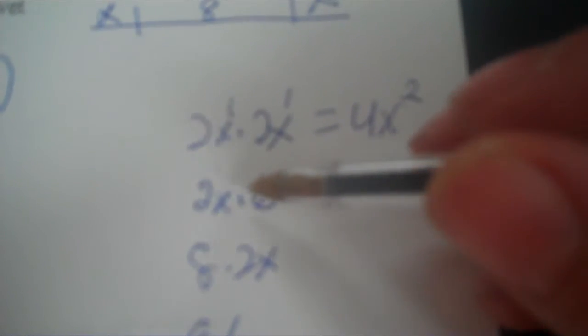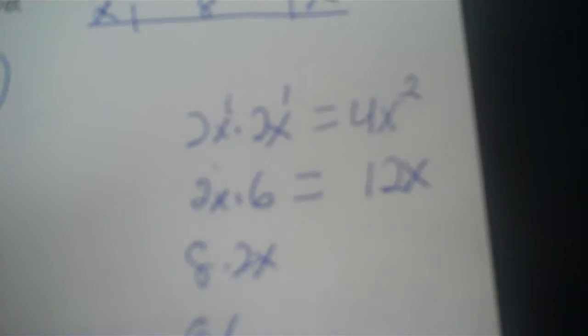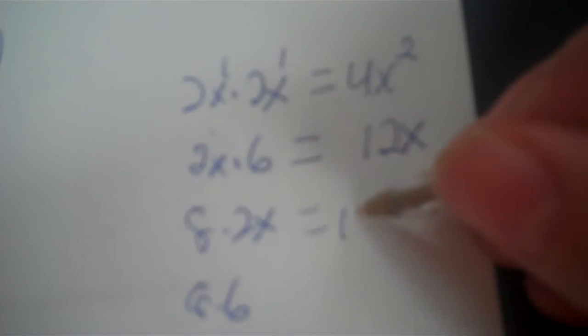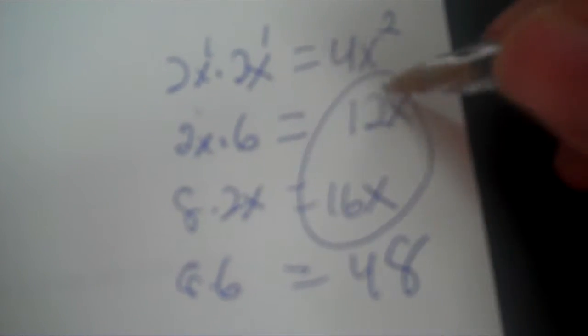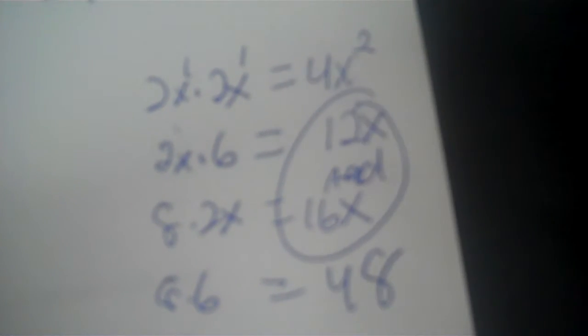That's going to be 12, and then look, only one of the factors has an x, so we're just going to put x on that 12. That's 16x, and that's 48. Now obviously those two need to be added because they're like terms. So I've got 4x to the second, 12 plus 16 is 28x, and then we have the 48.